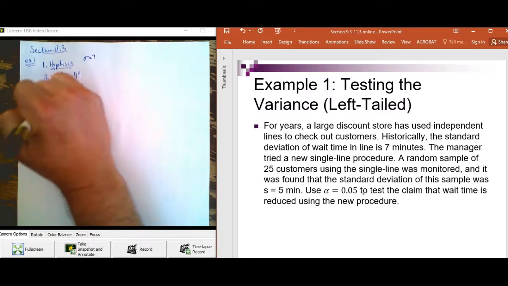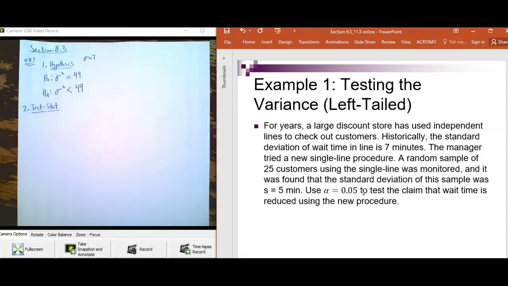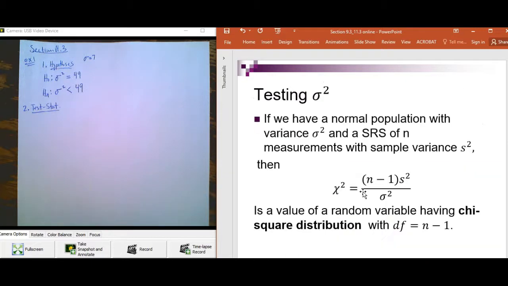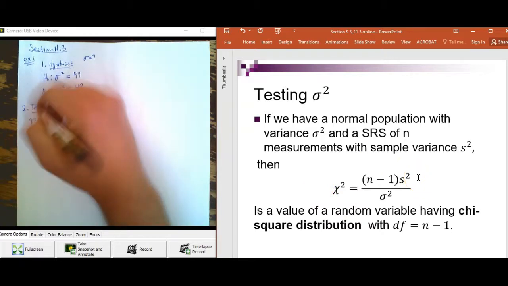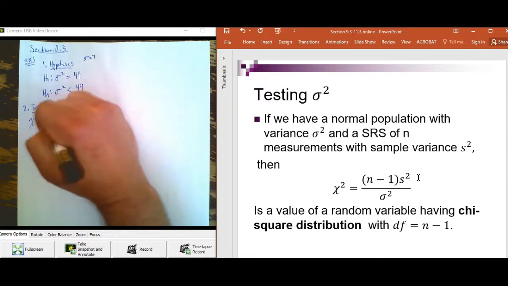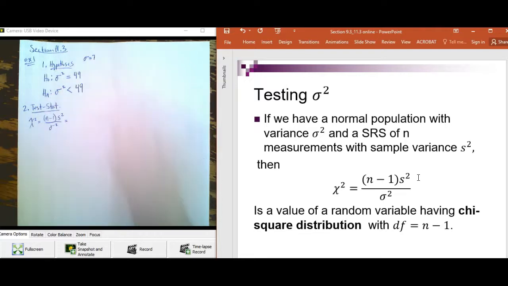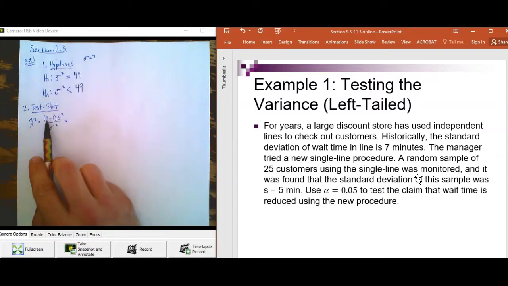Next up is our test statistic. We just use our formula from the previous slide. Let's write that down. Chi-square is n minus 1 times s squared over sigma squared. Let's just plug in our values. What is n? Here we have a random sample of 25.